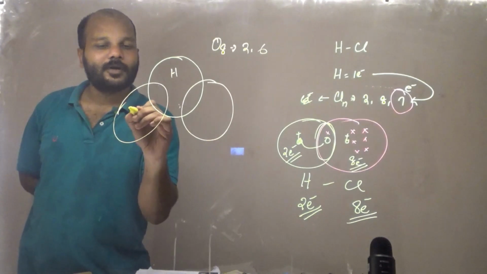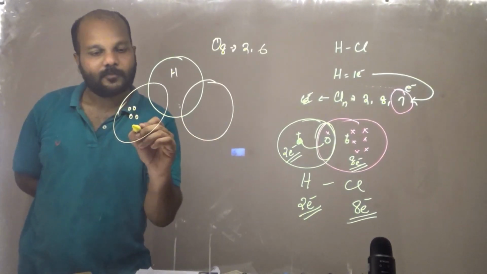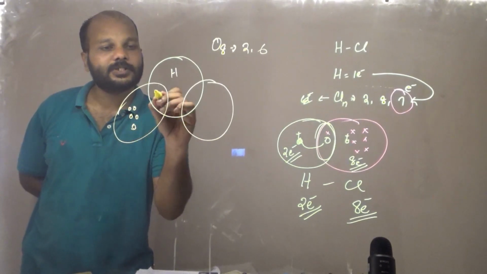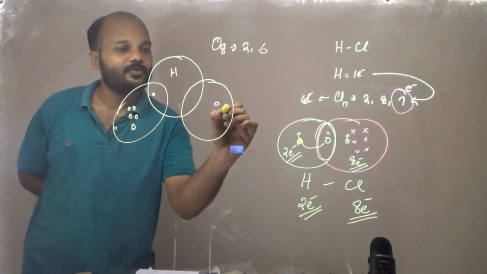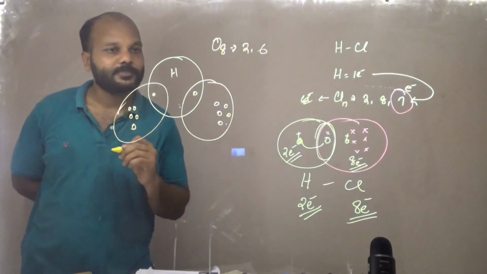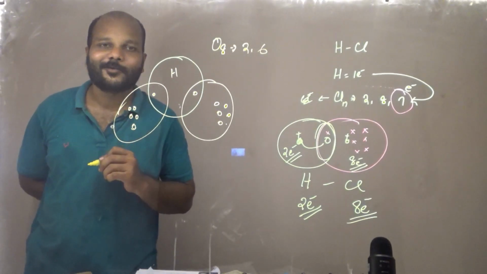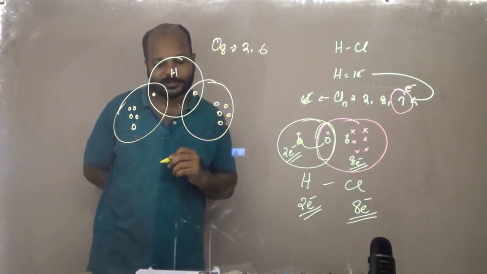So 1, 2, 3, 4, 5, the 6th electron, let it come here. Hydrogen has only 1 electron, right?